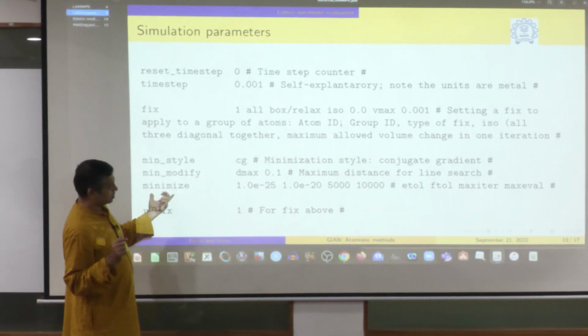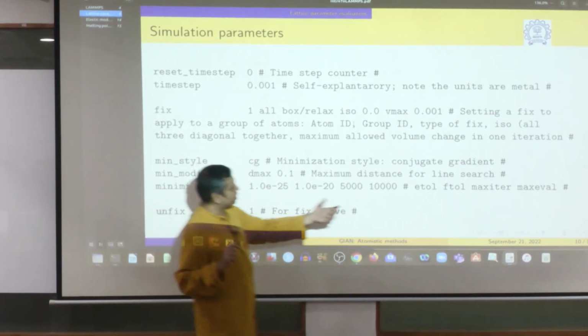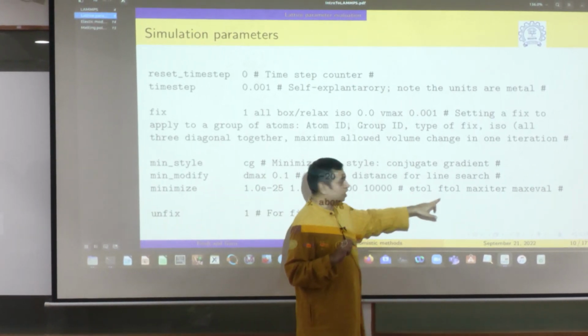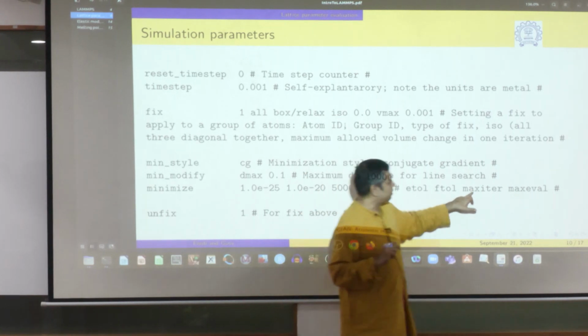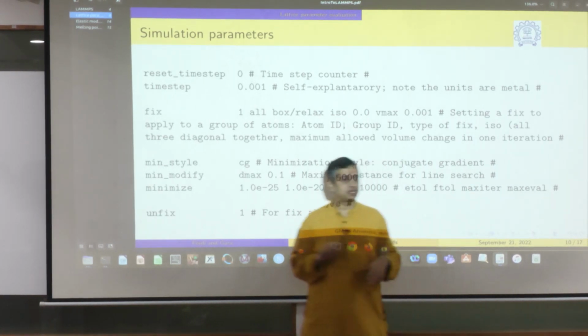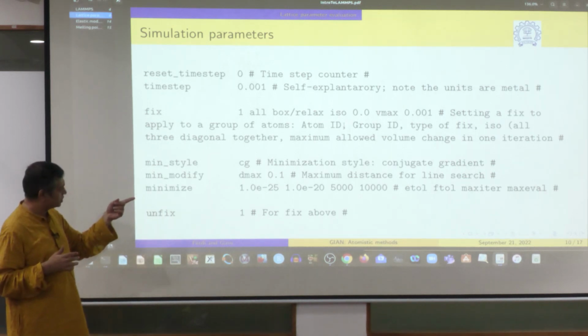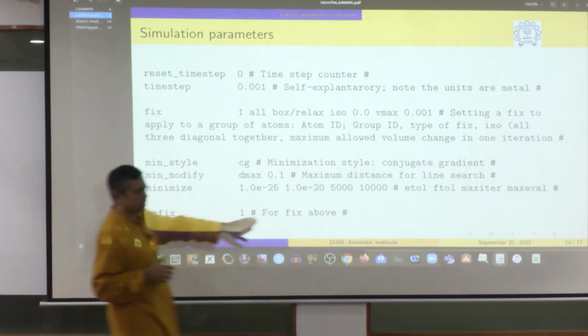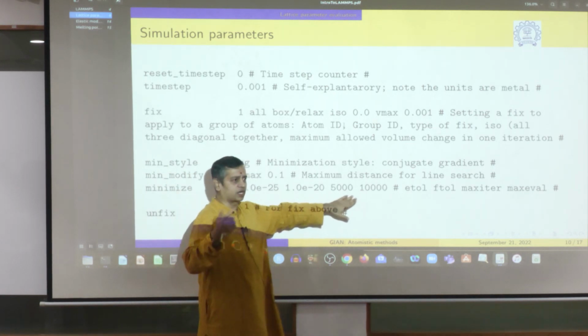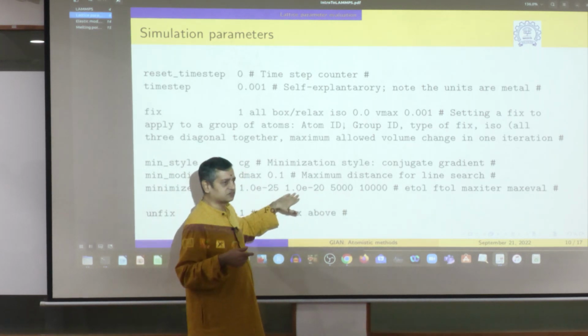The minimization, there is a tolerance on energy, there is a tolerance on force, maximum iterations and maximum number of function evaluations or potential evaluations. Okay. Those are the numbers. These should be really large, because you do want the program to come out after it achieves this.